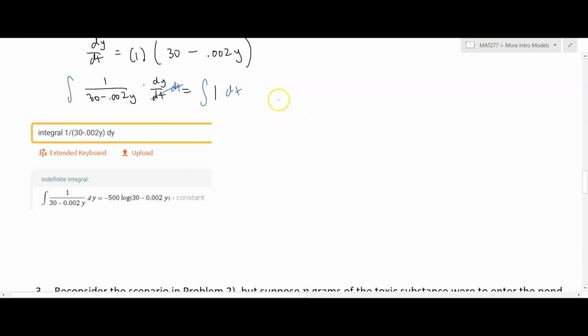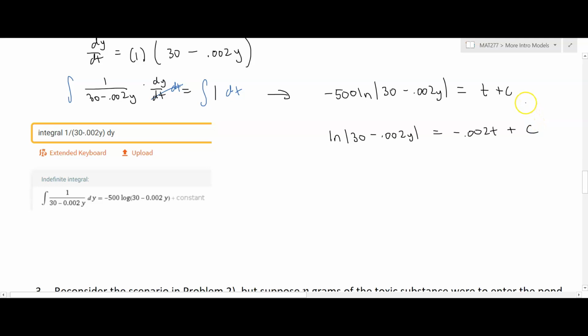And there you can see the result. So this will integrate to be negative 500 ln of 30 minus 0.002y equals t plus c. Now I can divide by negative 500. So that will leave me with natural log of 30 minus 0.002y equals negative 1/500th t, or negative 0.002t, plus c, since dividing an arbitrary constant by a constant leaves an arbitrary constant.